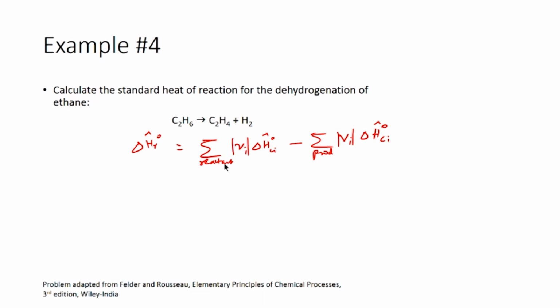So, this would be the heat of reaction: reactants minus products. Reactants would be 1 times C2H6, so that is the heat of combustion for C2H6 minus the heat of combustion for C2H4 minus the heat of combustion for hydrogen.